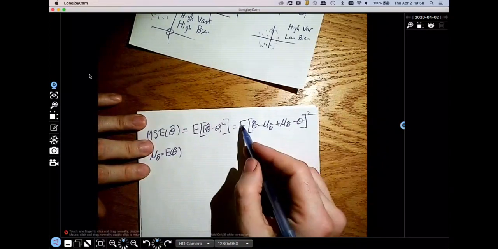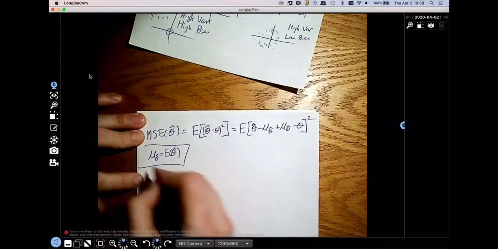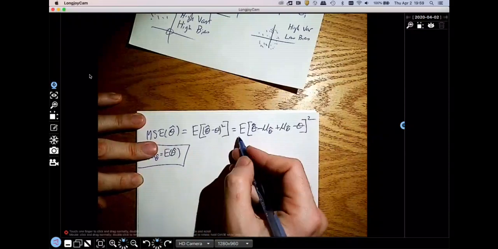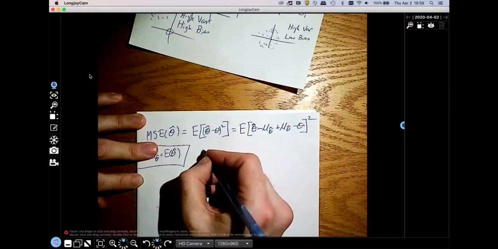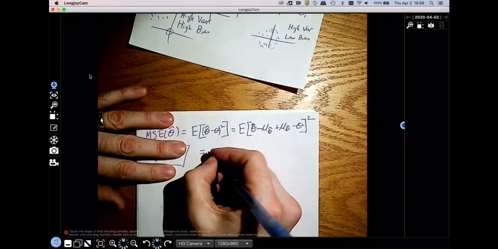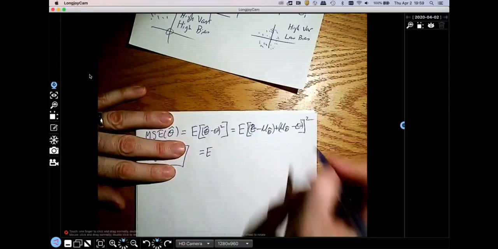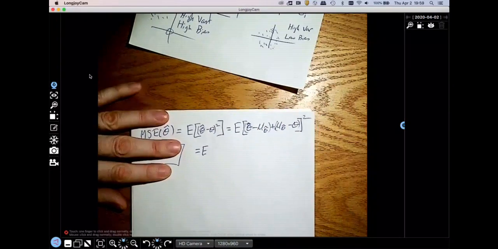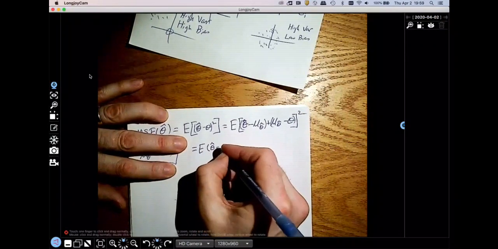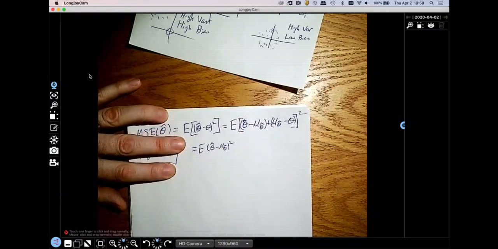So this just means the expected value of this squared. Now, let's expand the square on this, and I'm also going to distribute the expectation sign in the same step. So what we end up with here is if we group these two terms together and group these two terms together, we have the expected value of theta hat minus the mean of theta hat squared.